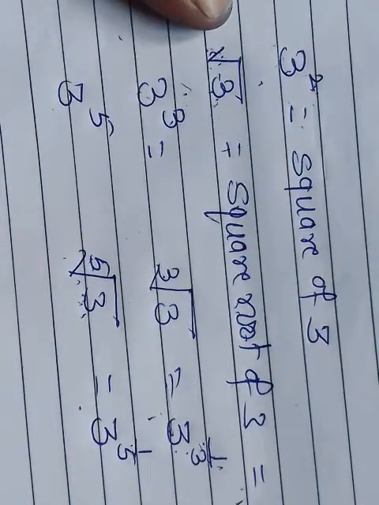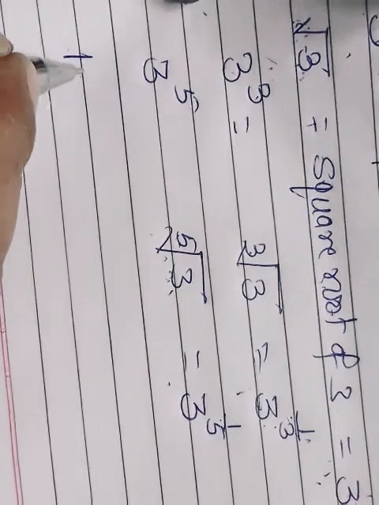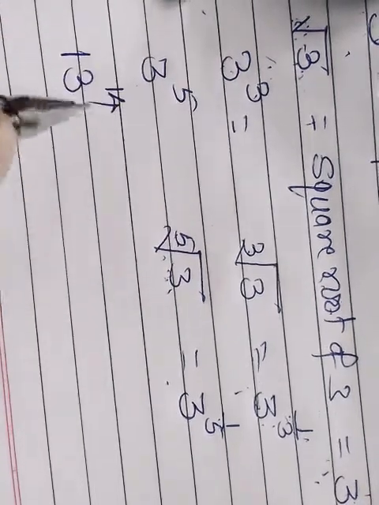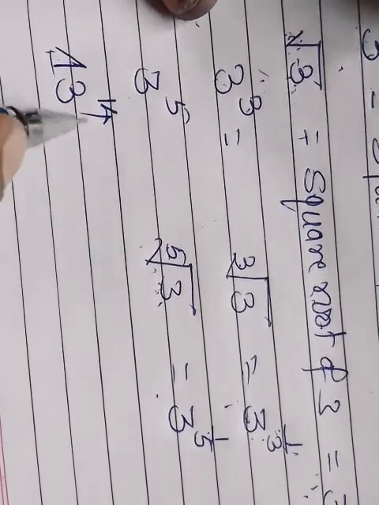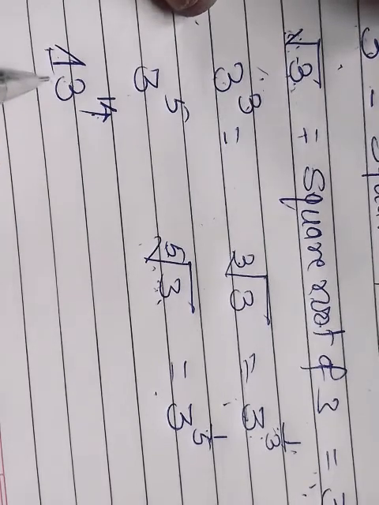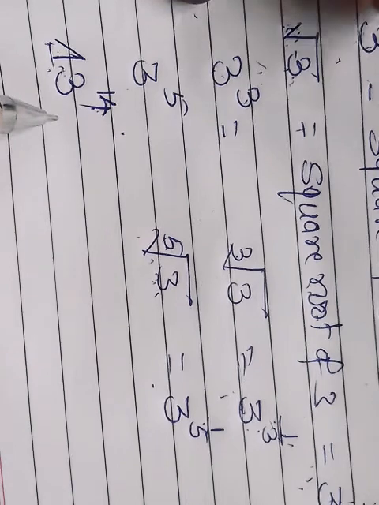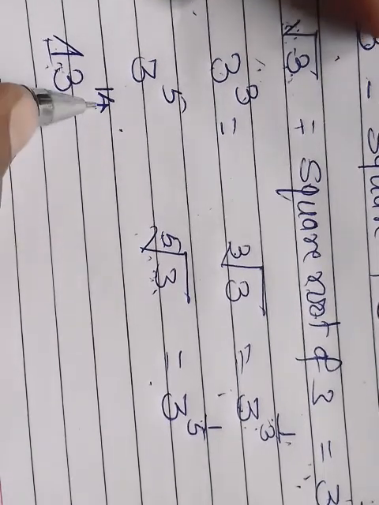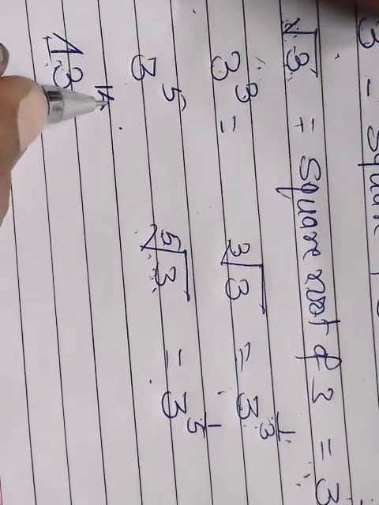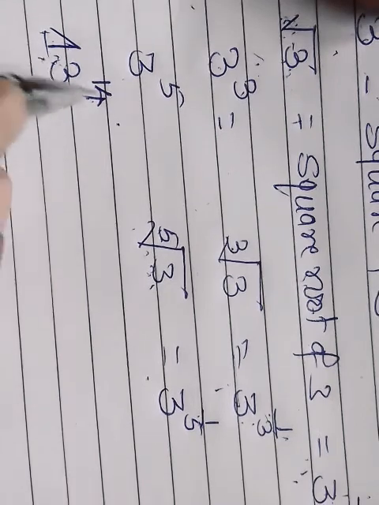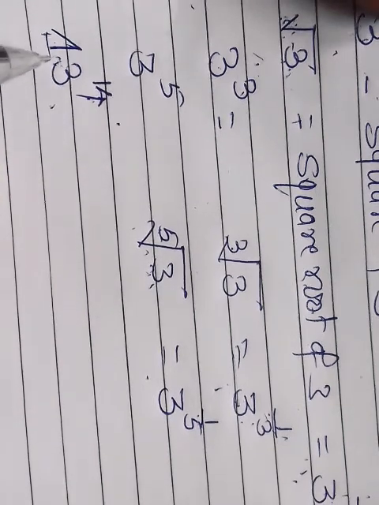Now suppose we take one more, 13 raised to 14, otherwise the 14th power of 13. 13 raised to 14 is read as the 14th power, meaning the index power of 13.